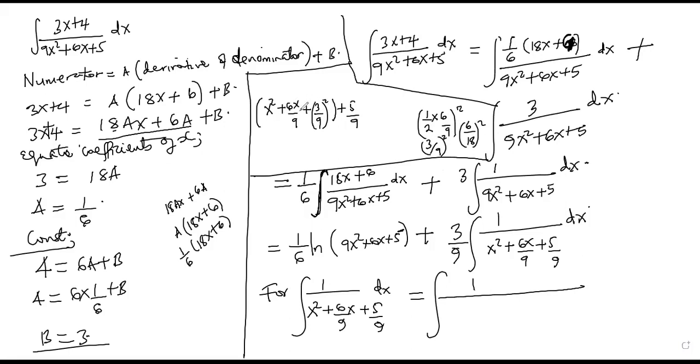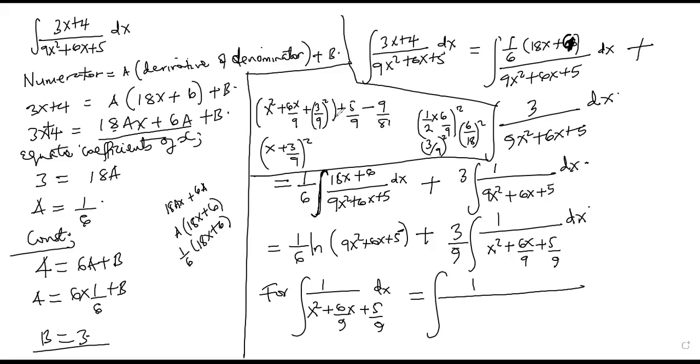But because we don't want to change the meaning of the initial function, x squared plus 6x plus 5 over 9, we shall subtract what we have included, which is 9 over 81. So now these ones form the square, and we shall have x plus 3 over 9 squared. Then what remains here is 5 over 9 minus 9 over 81.